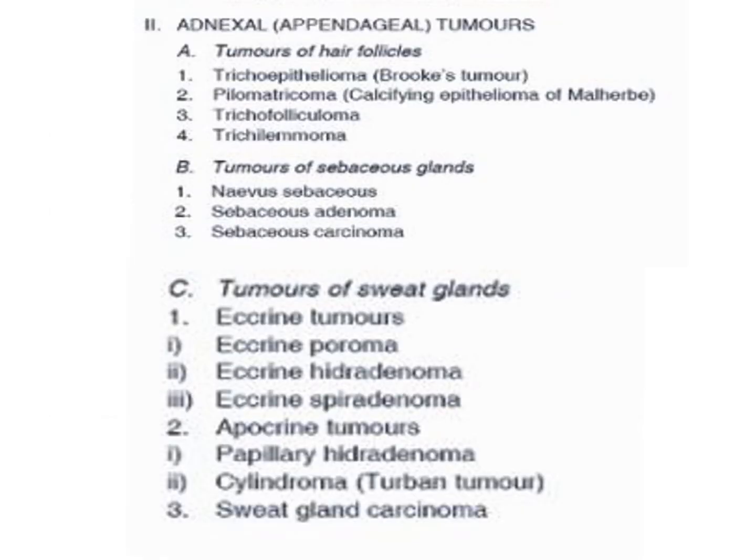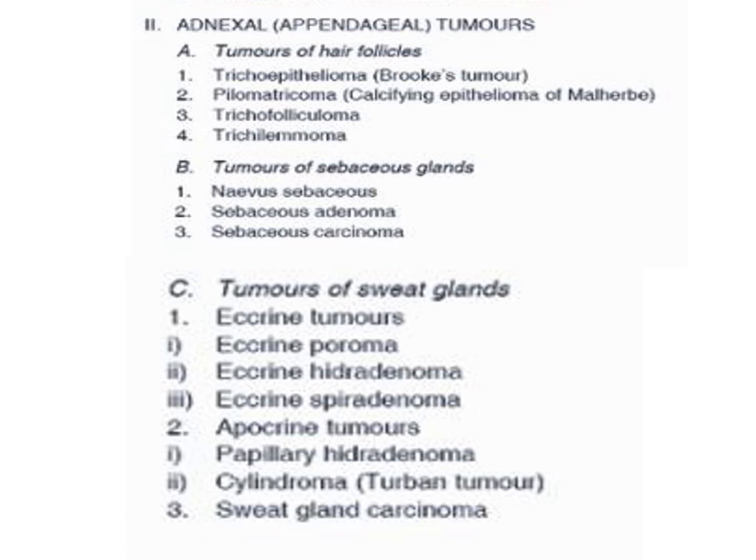The skin appendageal tumors are tumors of hair follicle that are trichoepithelioma, also named Brooke tumor, then pilomatrixoma, that is calcifying epithelioma of Malherbe, then trichofolliculoma, and trichilemmoma. Tumors of the sebaceous glands are nevus sebaceous, sebaceous adenoma, and sebaceous carcinoma, while tumors of the sweat glands are eccrine tumors such as eccrine poroma, eccrine hidradenoma, and eccrine spiradenoma.